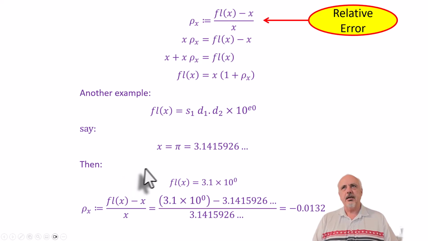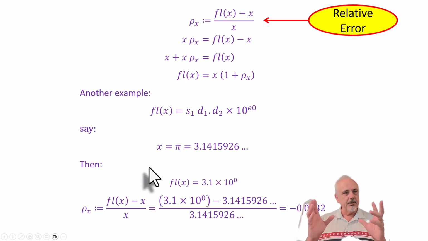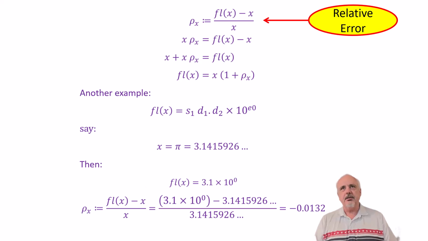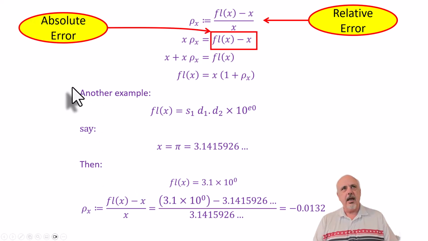Okay, so the first thing I want to talk about is relative error, and that's to be differentiated from absolute error. Absolute error is where you take the floated value that you get, and you subtract off the true value. And the relative error is when you take that in the numerator and you divide by the true value.